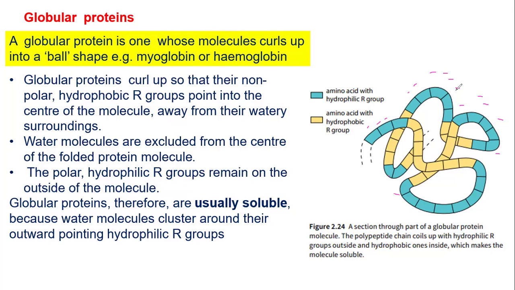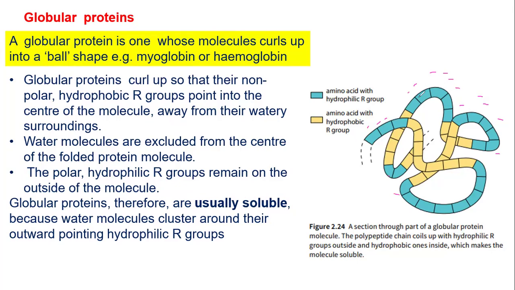These proteins curl up so that their nonpolar hydrophobic R groups point in the center away from the watery environment, and the hydrophilic amino acids or hydrophilic R groups are found on the outside.